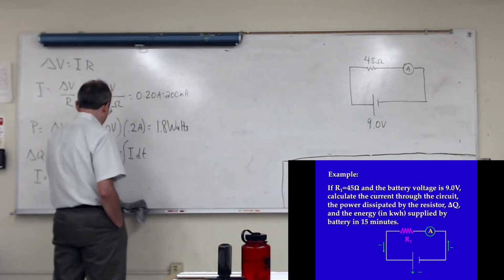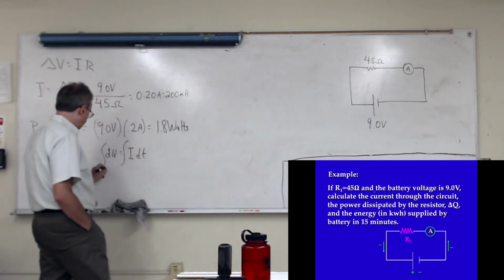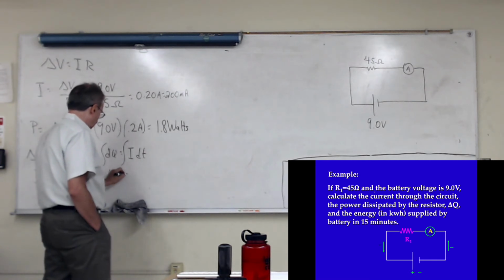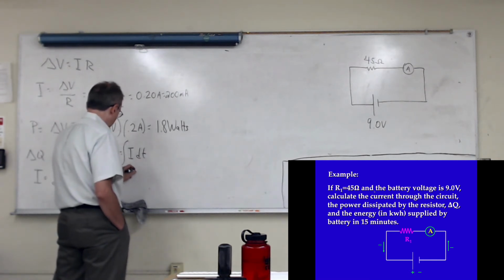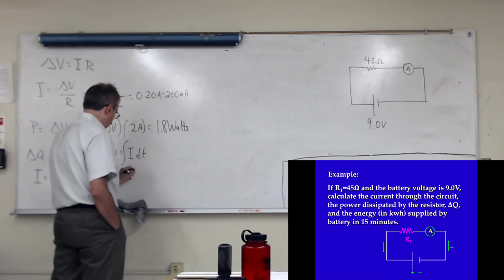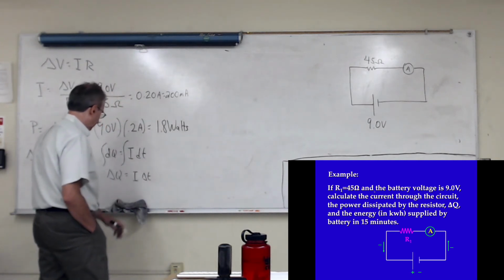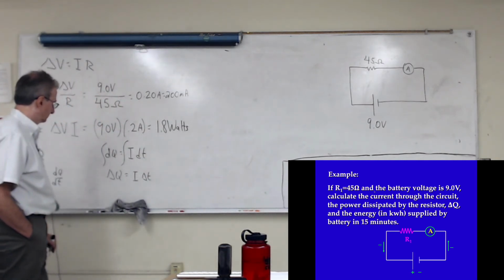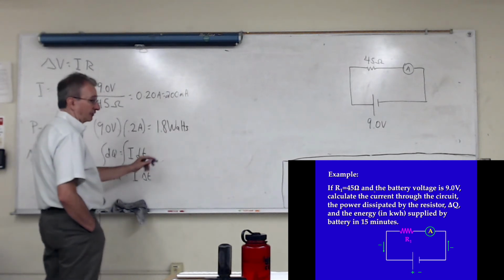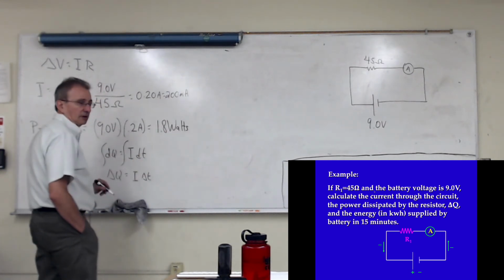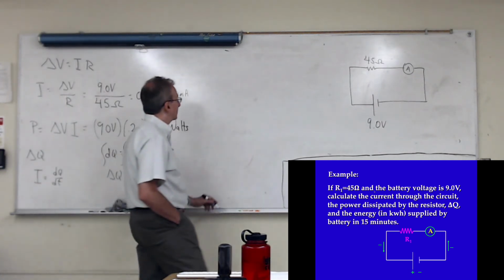I integrate this, and I get delta Q is I times my time interval, delta t. Delta t is 15 minutes. I got to get that into seconds. How many seconds in 15 minutes?